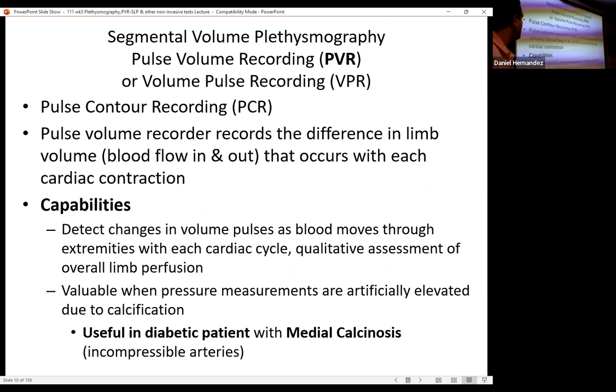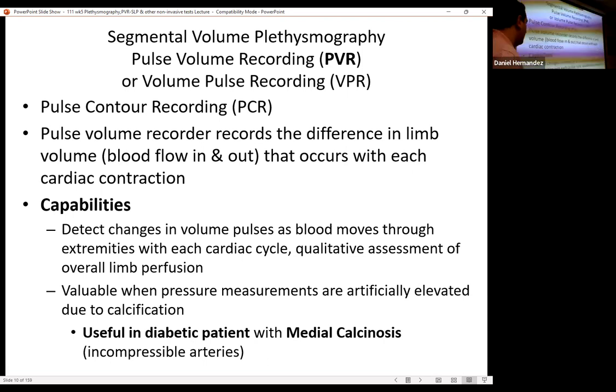So our pulse volume recording, or our PVR. Again, it's a volume recording that records the difference in limb volumes of blood flow in and out that occurs with each cardiac contraction. We can detect changes in volume pulses as blood moves through the extremities with each cardiac cycle.